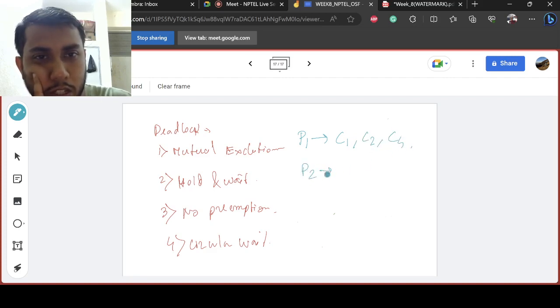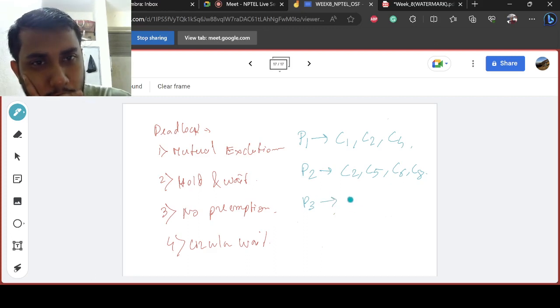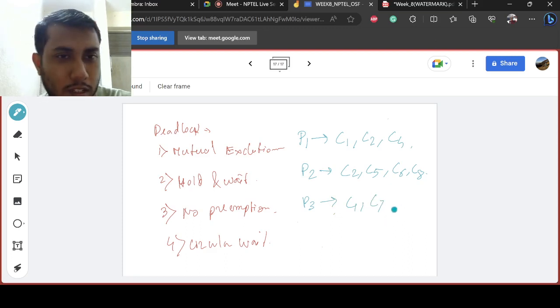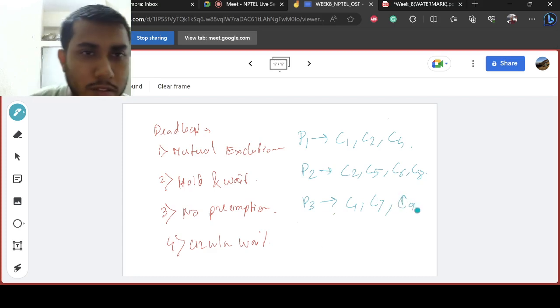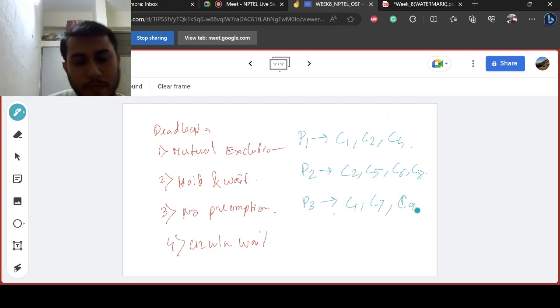You have P2 which requires C2, C3, C5, C6, C8, and there is P3 which requires C1, C7, C9.